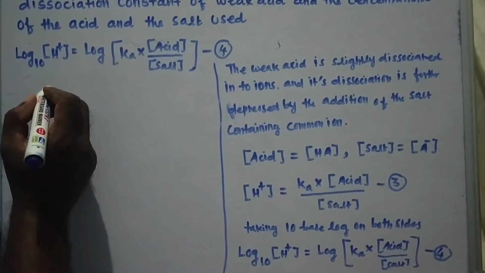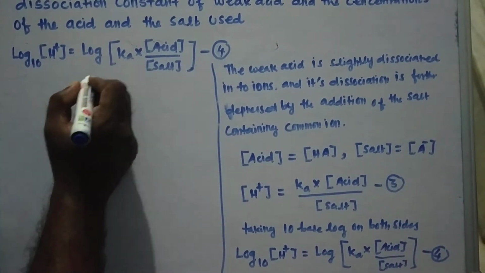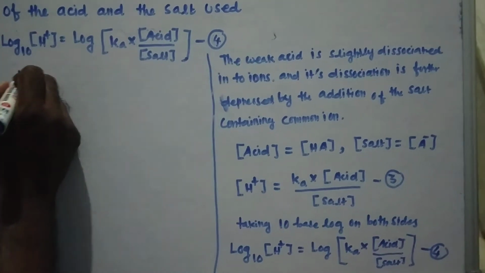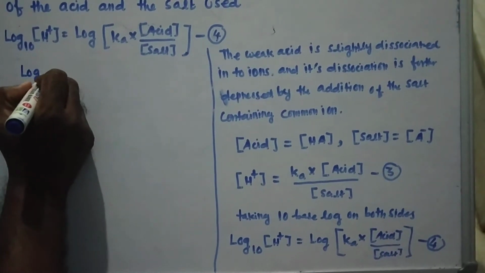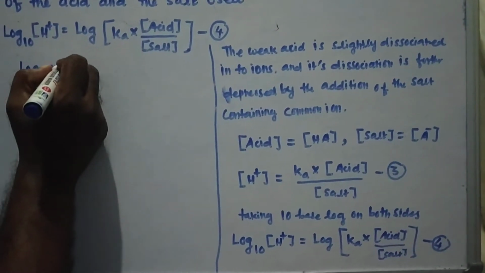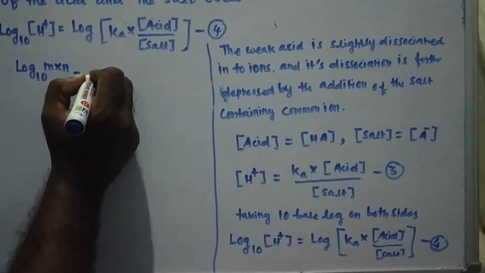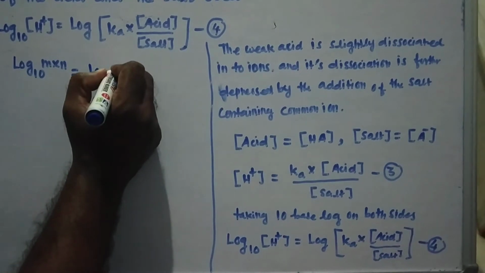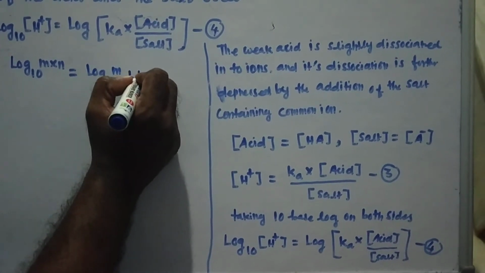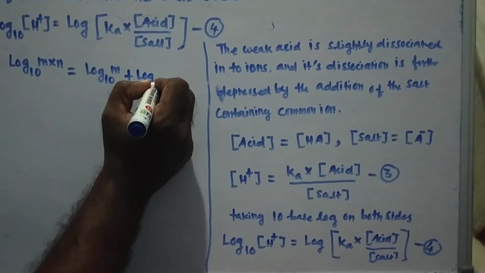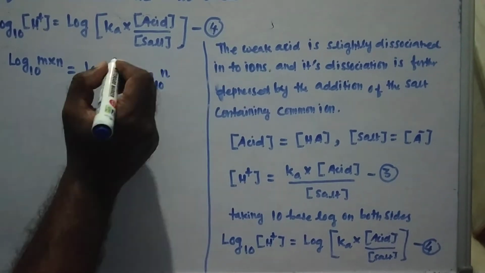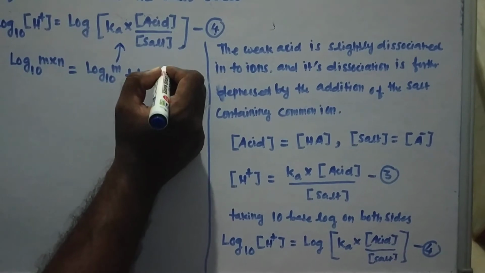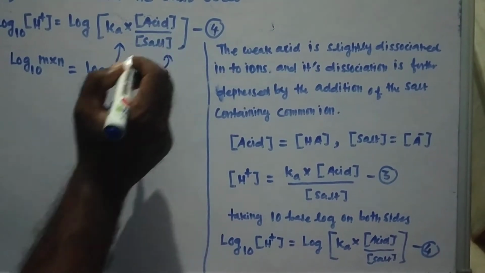Now let us consider equation number 4. In equation number 4, it is in the form of log base 10 m into n is equal to log base 10 m plus log base 10 n. Here Ka is equal to m and n is equal to the acid by salt.